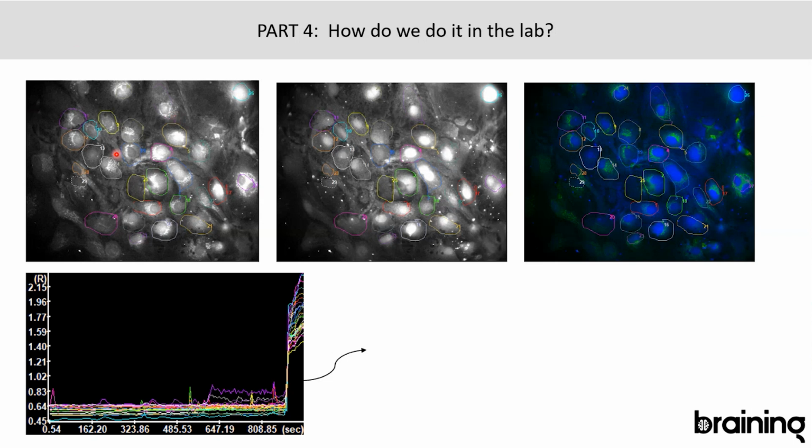I select the cells of interest, these ROIs, and this corresponds to the 340, 380, and here the ratio. Afterwards, the program allows me to construct this type of graph, showing the response over time that the cells have to a specific stimulus.